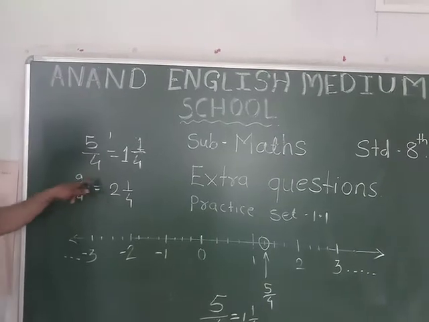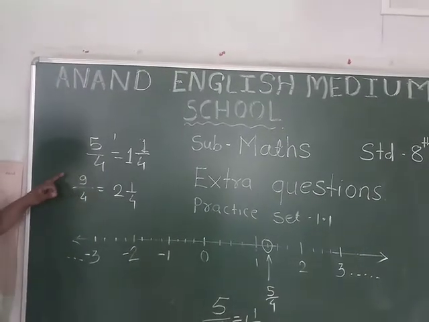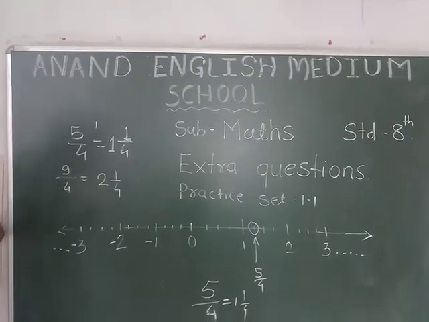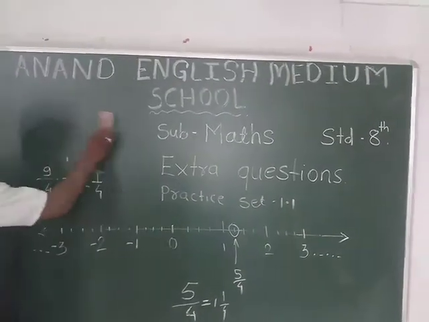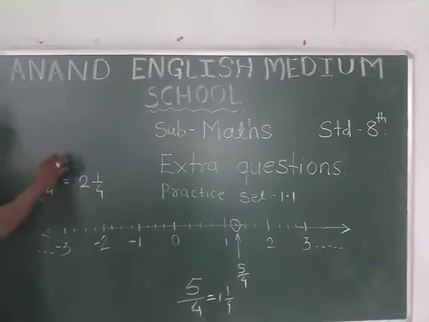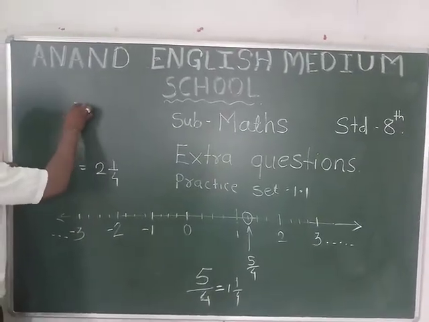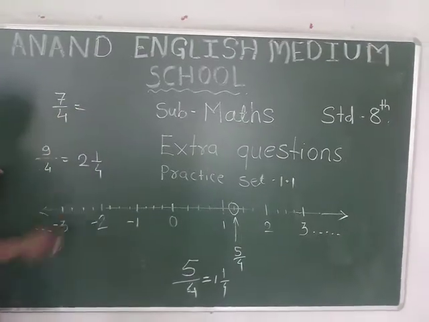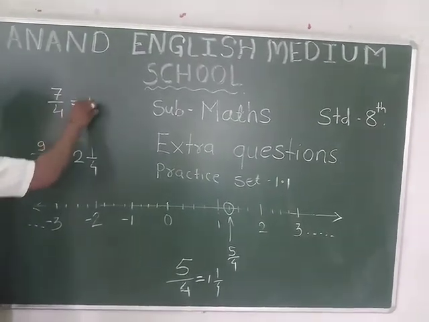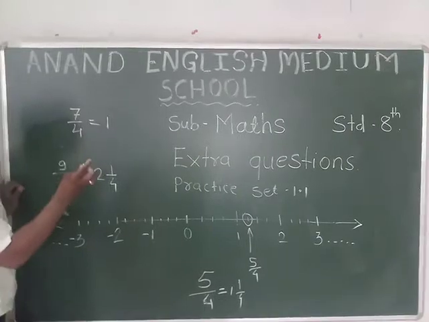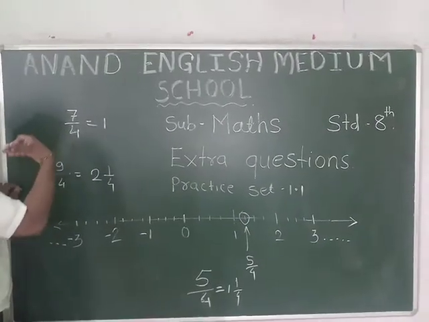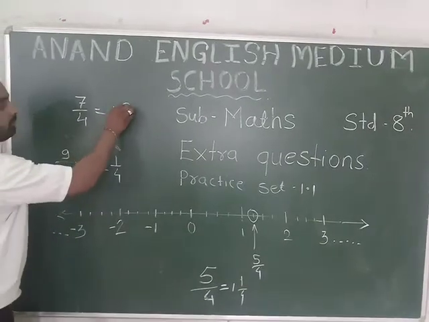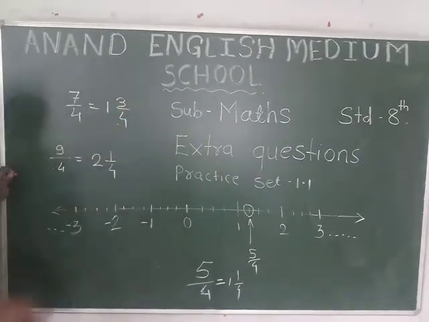Have you understood? 4 ones are 4, 4 twos are 8, and after that 1 upon 4. Now we will see another number, 7 upon 4. 4 ones are 4. How many remaining? 3. We cannot divide 3 by 4, so it is 3 upon 4.